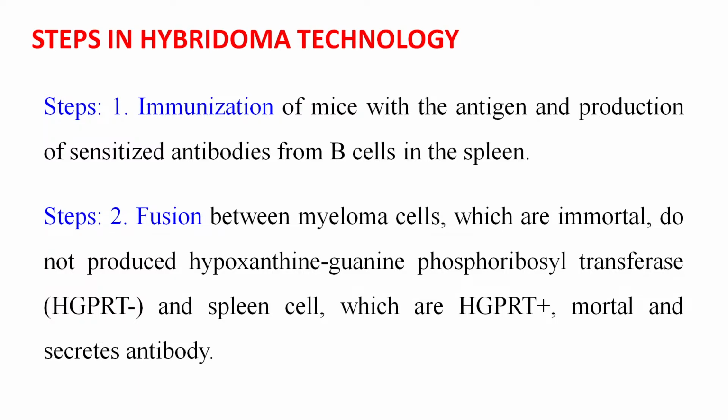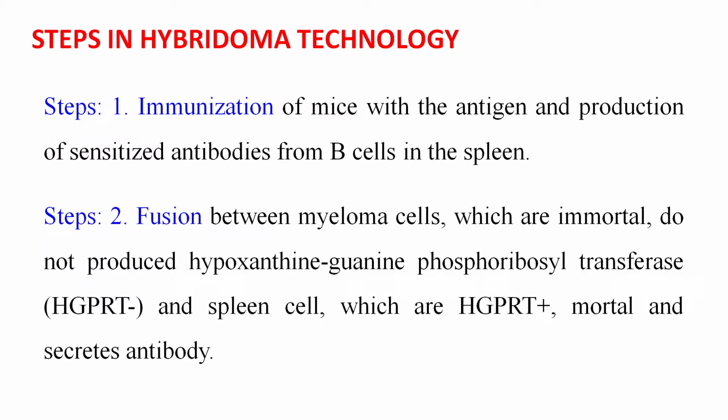So for that selection step, we will now introduce a small modified type of cells. So what is this modification that we are talking about? The myeloma cells, in the first step that are fused with these B lymphocytes, have been modified such that they cannot produce an enzyme.